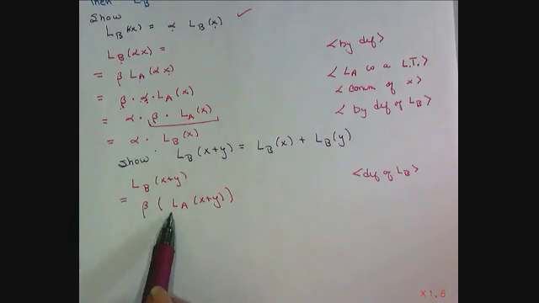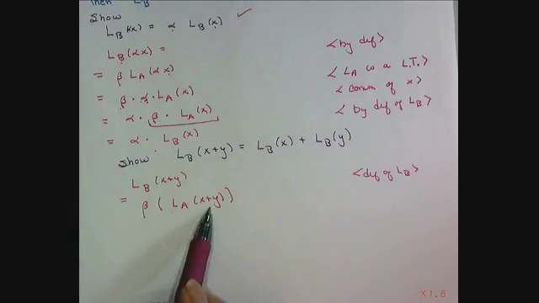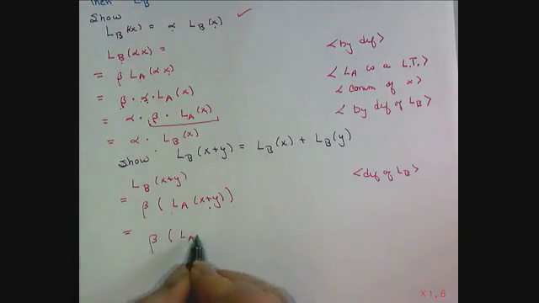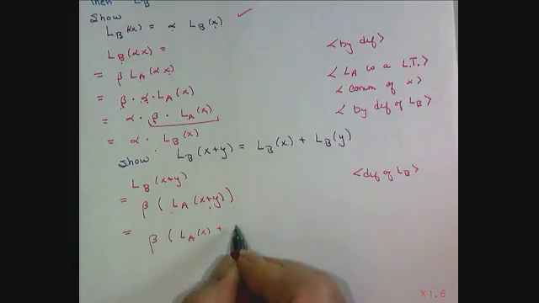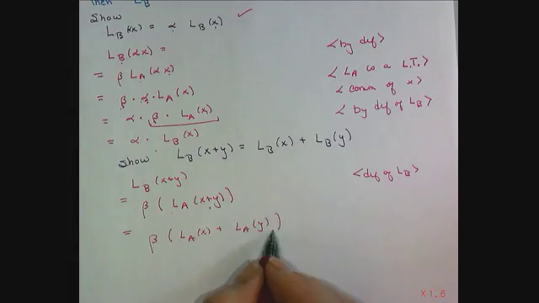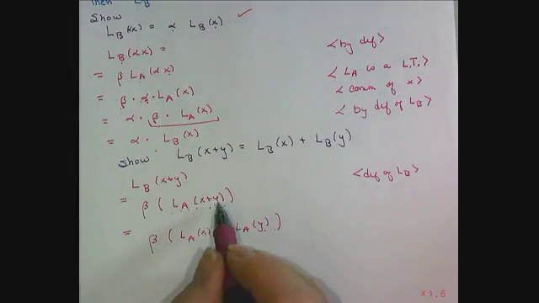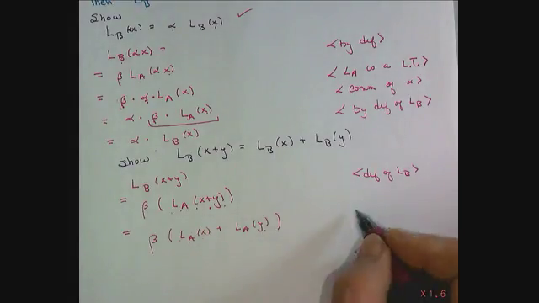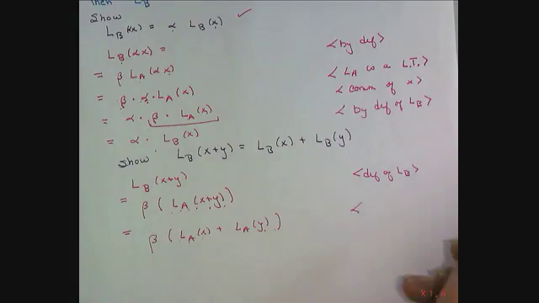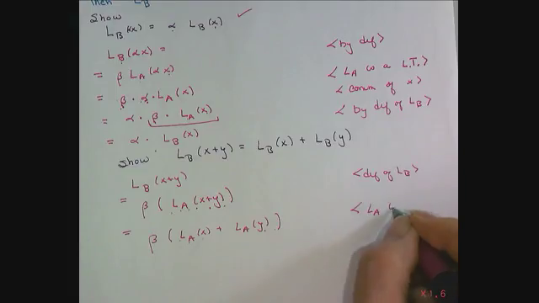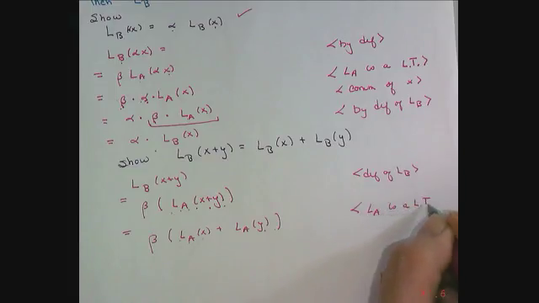Well, L sub A is a linear transformation, so this is equal to beta times L sub A of x plus L sub A of y. Since L sub A is a linear transformation, it has to satisfy this condition that L sub A of x plus y is L sub A of x plus L sub A of y for all the vectors x and y. So this is just true because L sub A is a linear transformation.